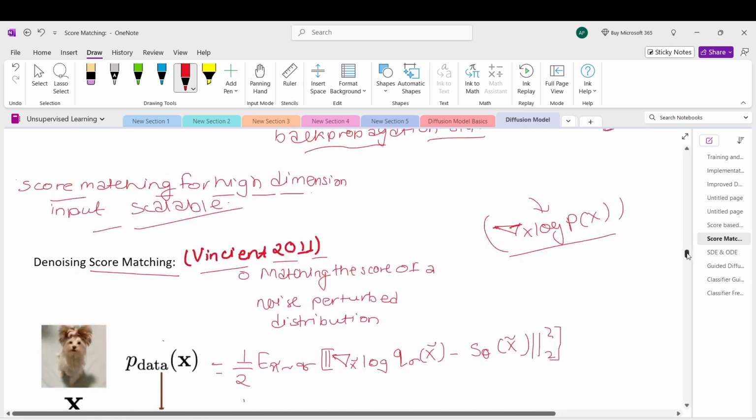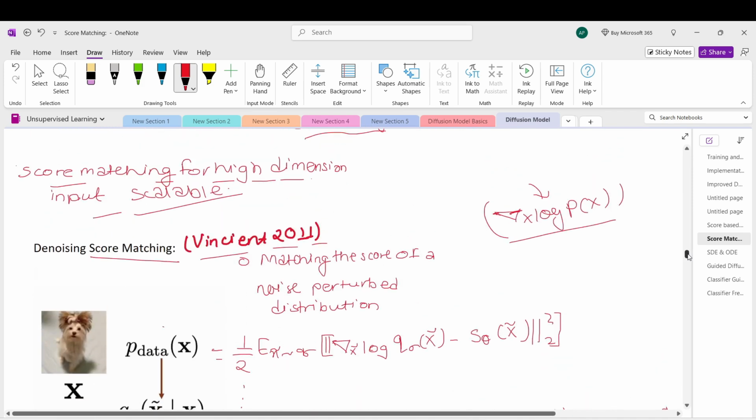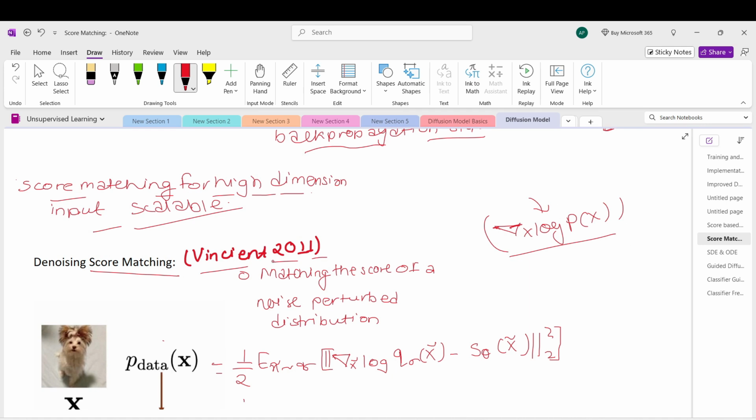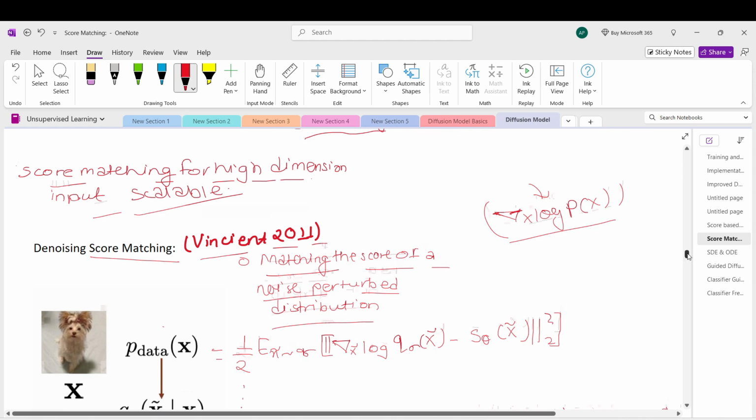First of all, let's understand how we can do score matching. In 2011 Vincent released this paper, where he matches the score of a noise-perturbed distribution.